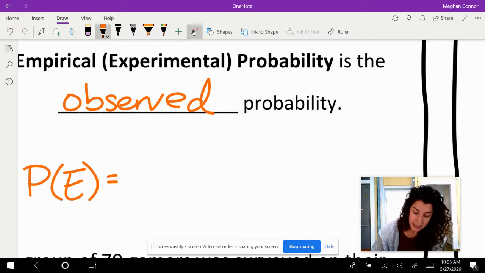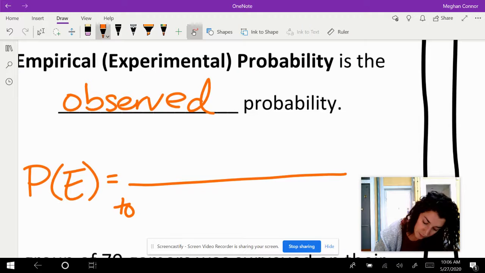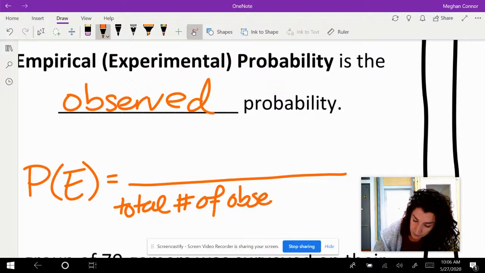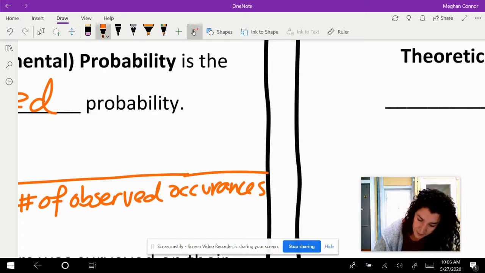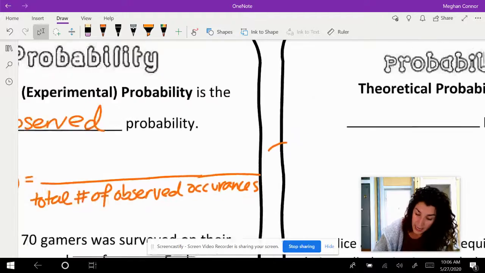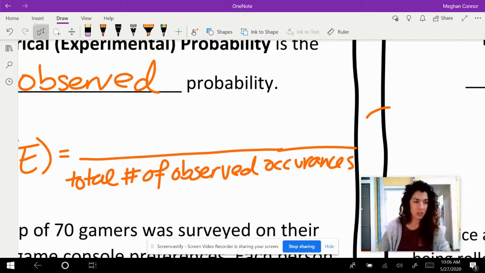And it's always got this idea of a fraction. On the bottom is the total number of occurrences. This is where permutations and combinations come in when we're talking about theoretical. Here, we're just talking about the total number of observed occurrences, the total possible amount of occurrences, and in this case, observed occurrences.